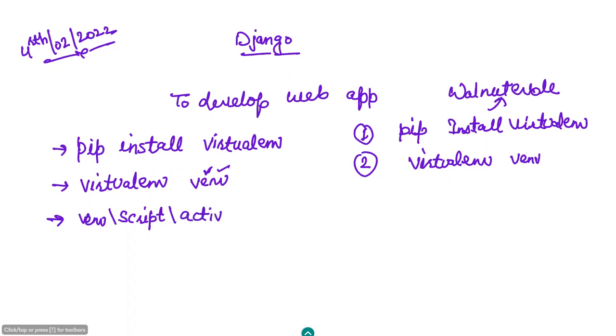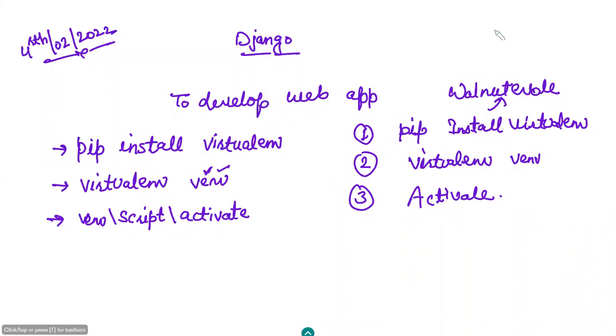This is the short command by which you will activate your environment. So these three steps we need to perform to create this environment, right? So we have performed these three operations.